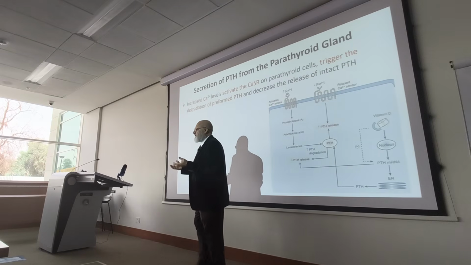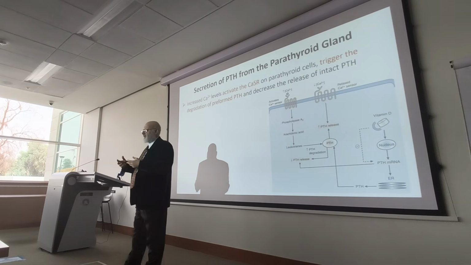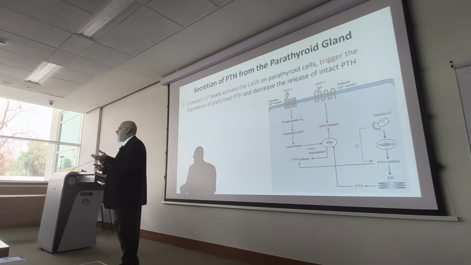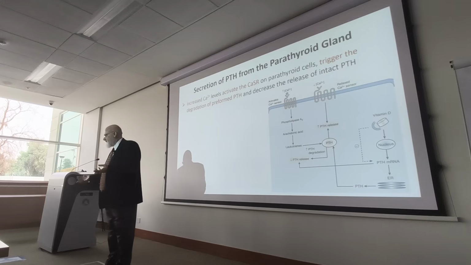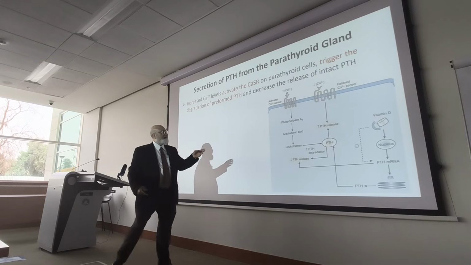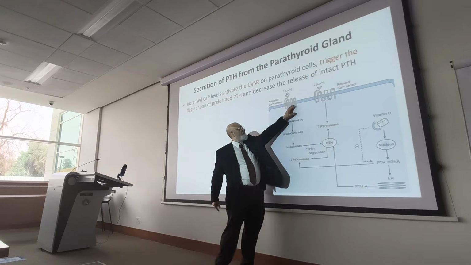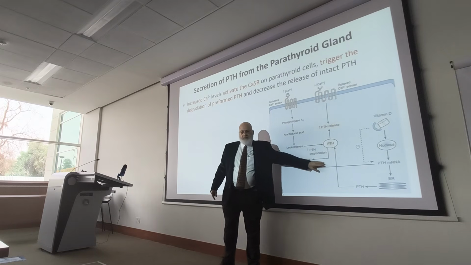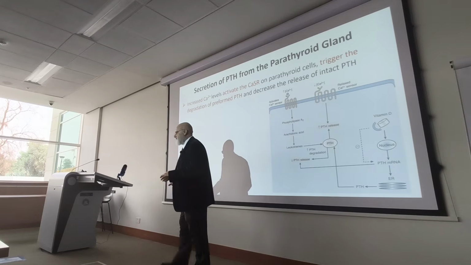The chief cells always make parathyroid hormone, that is their function. But as long as we have enough calcium, we don't need the parathyroid hormone. So enough calcium will fill all the receptors and send this signal all the time inside the cell: any PTH that is made, break it down to be degraded.